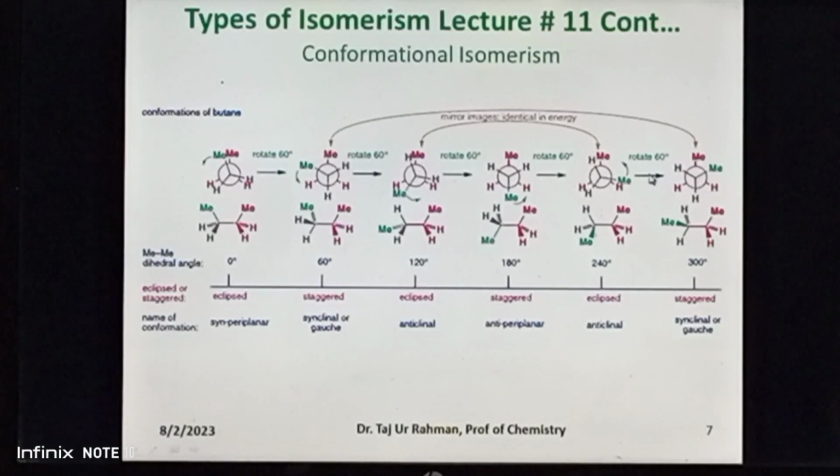Thus, this means that while studying conformational analysis of butane, we have a total of 4 conformers instead of 6 conformers, that is fully eclipsed, partially eclipsed, gauche staggered or skew, and anti-staggered.